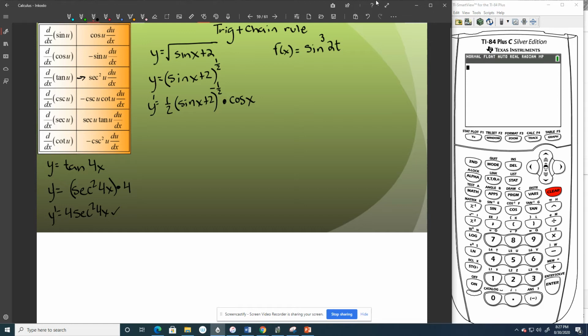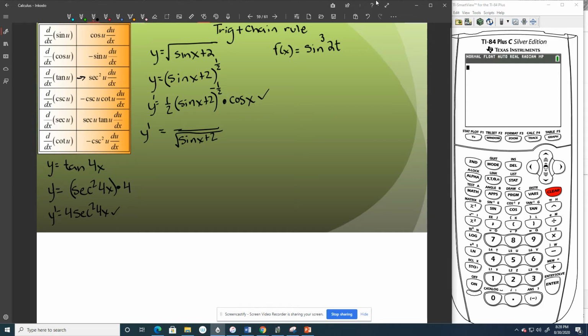So when I rewrite this, I can rewrite it if I want to. This is a great answer, but again, free response, we would accept that. Multiple choice, they might simplify it a little bit further. This -1/2, I can move to the bottom. So I can put that sine x plus 2 on the bottom, and that 1/2 can change back to a square root.